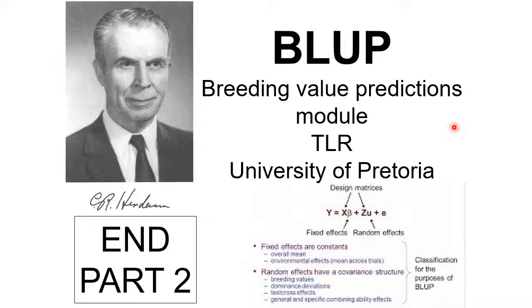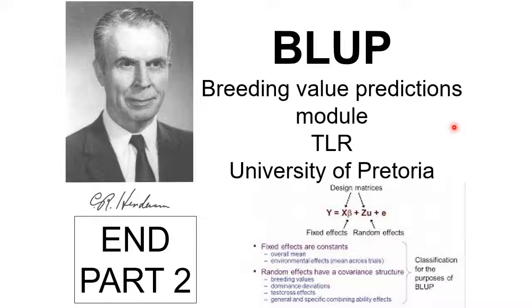On the diagonal will be a 1 plus the inbreeding coefficient of the animal. So if the animal is 5% inbred, it will be 1.05 on the diagonal. And then the off-diagonal elements, where a row and a column correspond with two animals, will be the additive relationship between those two specific animals.